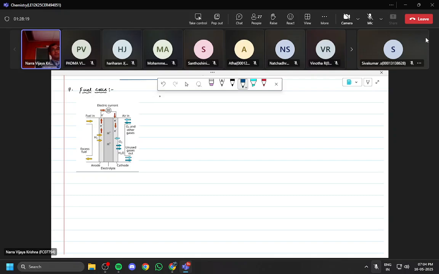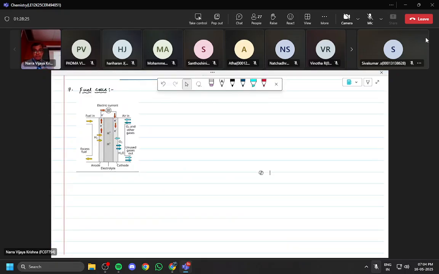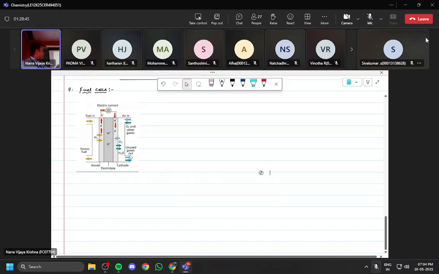Just now we have seen. Which acts as anode? Where we are passing H2 gas, that is acting as anode. So this part where we are passing hydrogen gas, that part is acting as anode.